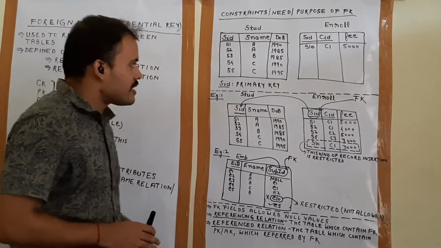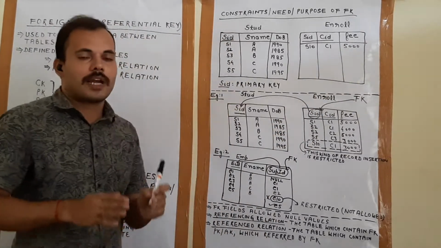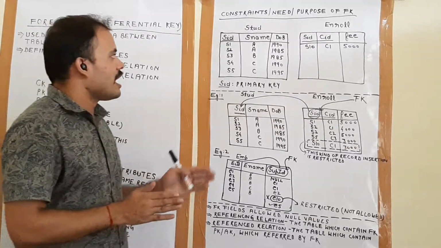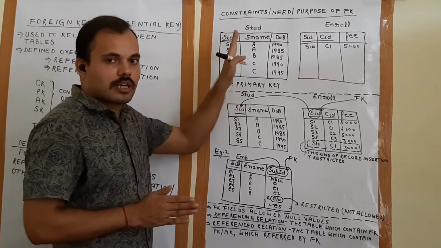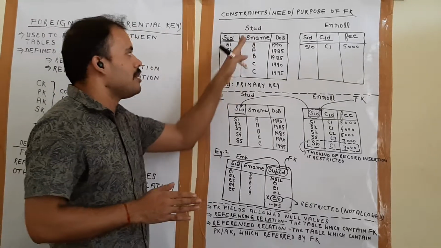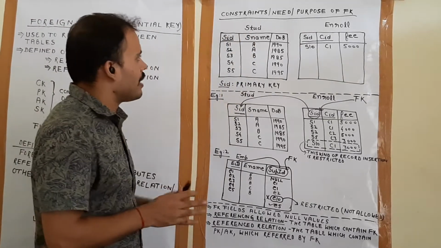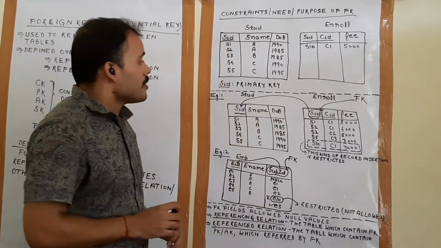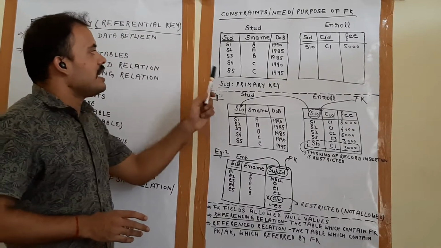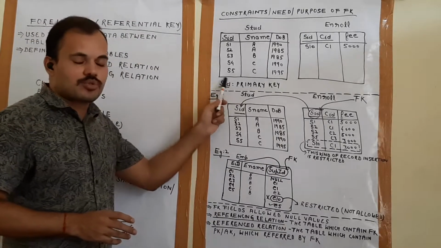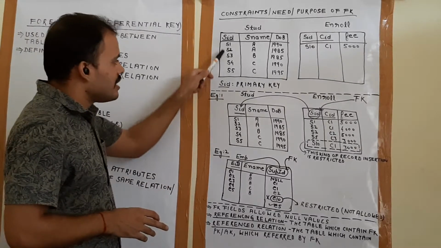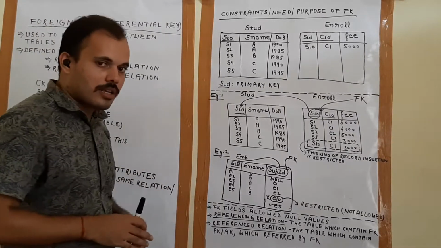Suppose this is the student table of an organization. Within the organization, there is a student table having the name STUD, and here the table name is enrolled. Suppose these are the students of the organization.